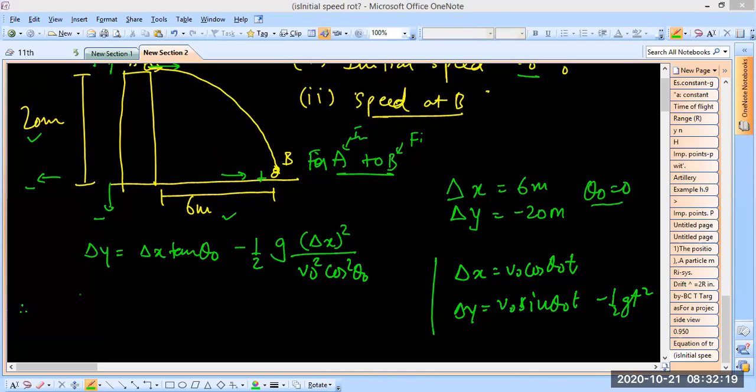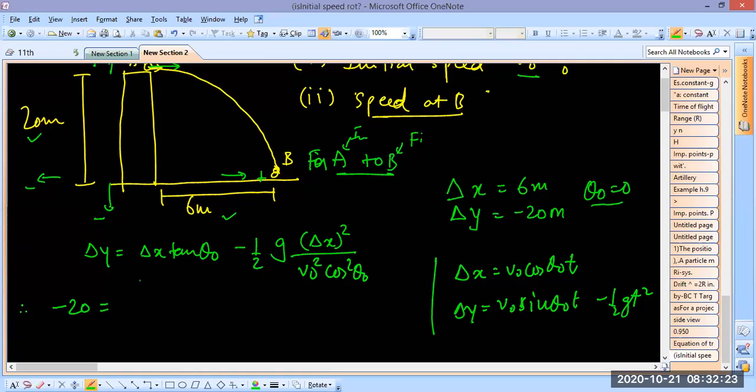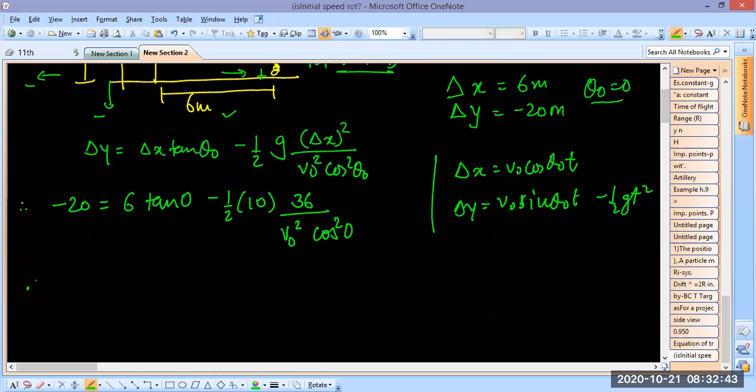Okay, so let's put values. Delta y, minus 20, is equal to delta x, 6, tan 0, minus 1 by 2. Suppose you take g as 10, delta x square, 6 square is 36, v0 square we don't know, cos 0, cos square 0 actually, right? So now tan 0 is 0.